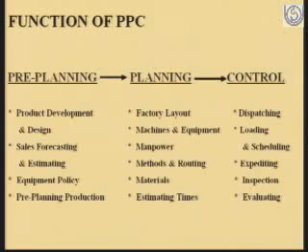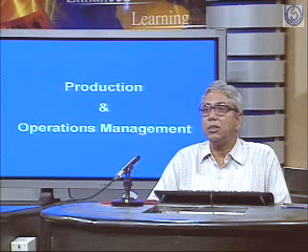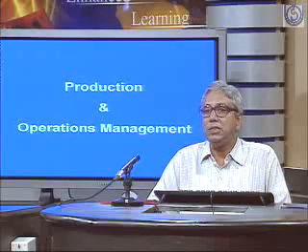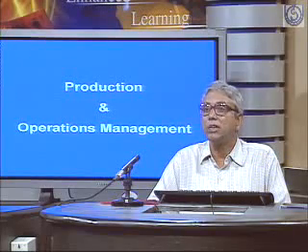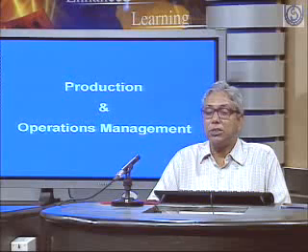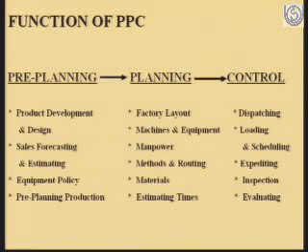Then manpower planning. This manpower planning cannot be done without the calculation of what we call the PQRST. T is the time. Unless we have the time calculation properly, manpower planning also cannot be done. Then methods and routing. That means again this technological sequence of operations should be set all right.